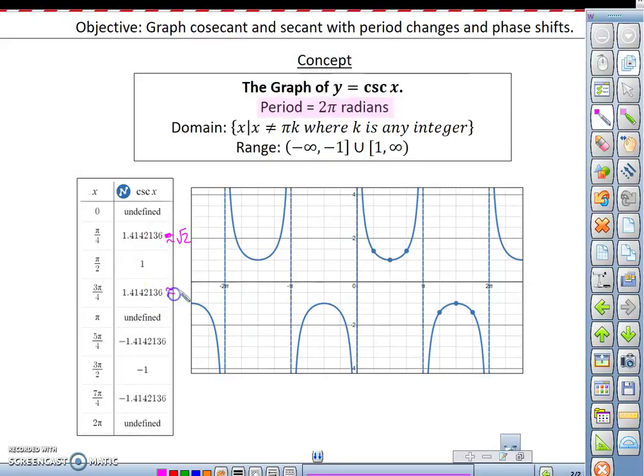And this is, again, your square root of 2. This is your negative square root of 2, which are all the reciprocals of your root 2 over 2 and negative root 2 over 2. And that's what these points are. That's your root 2 and negative root 2 values. And then these are your relative maximums and minimums of the sine function, becoming the opposites for your cosecant function.